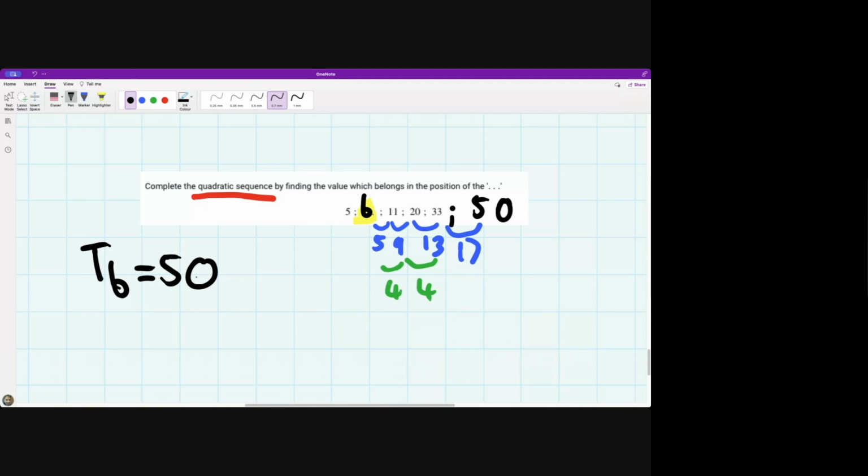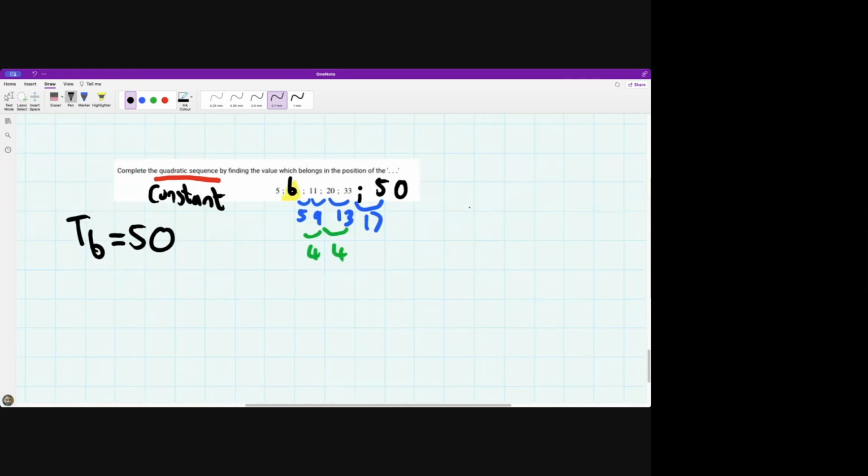All right, everyone, just to point out, when we have a quadratic pattern, the first difference is a linear number pattern. The second difference is constant. But once we know this, we can use it to find missing terms or to extend that number pattern. Okay, so you have done super well.